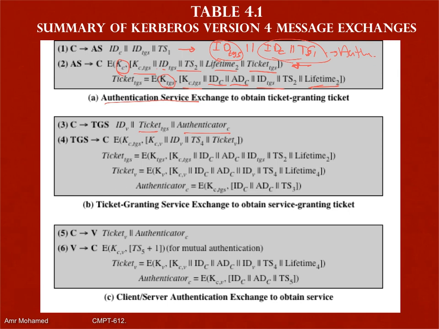So in this step, when I get the session key and I present myself here, I present myself using the session key, and I'm presenting myself: I am this person with this ID. This AD_C is actually the IP address or address identification of that workstation.